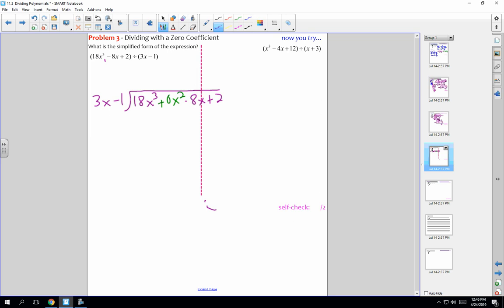So remember what the first step is. What do you do first? And what is it? 6x to the second. And if we've done it correctly, what should happen when I multiply 6x to the second by 3x?